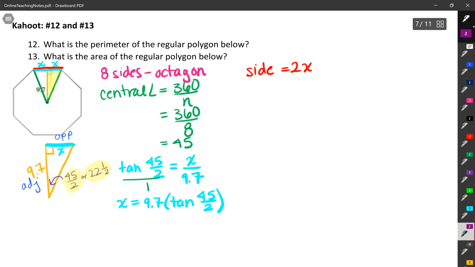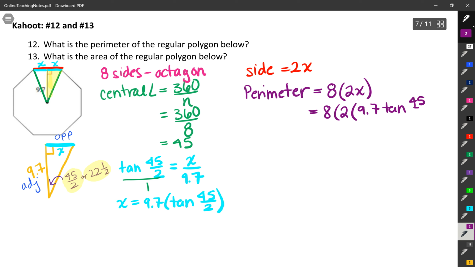So then my perimeter would be the number of sides. In this case, we said 8 sides. So it'd be 8 times the side length, which would be 2 x's. If I plug that in, it's 8 times 2 times my x, which is 9.7 tangent of 45 over 2.